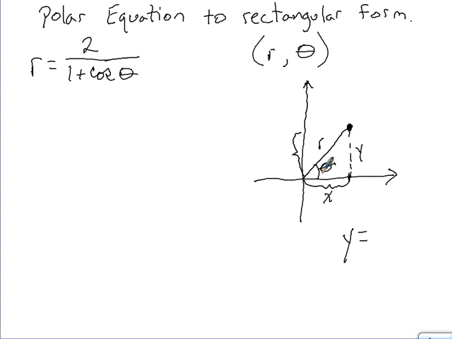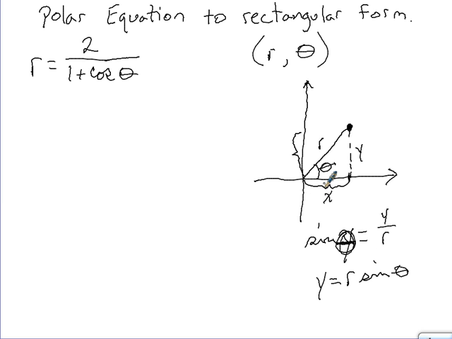Remember the trig functions, the sine of theta is equal to opposite over hypotenuse. Sine theta is equal to y over r. If we multiply r on both sides, that makes y equal r sine theta.